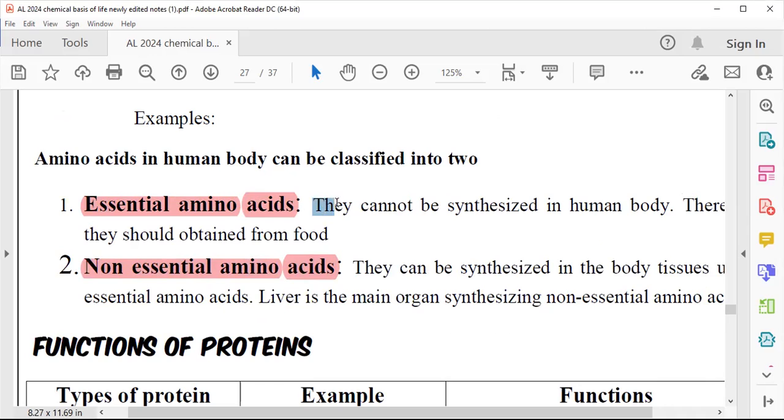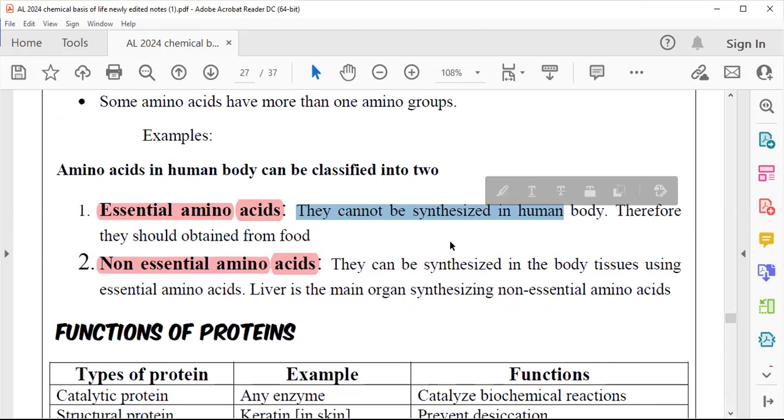Essential amino acids cannot be synthesized in the, what is it? Human body. Therefore, the only way to get them inside our body is by eating food.